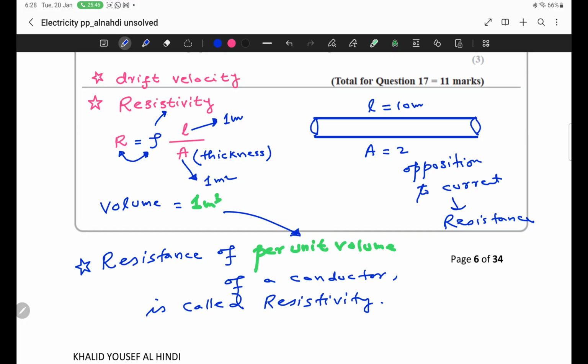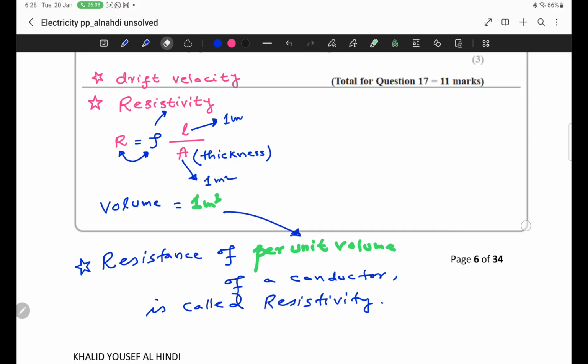It is called resistivity. So if you have a wire of length 1 meter and area 1 meter square, then its volume is 1 meter cube. And now, if you measure the resistance of this 1 meter cube volume, then this resistance is called resistivity. That is why its another name is specific resistance.